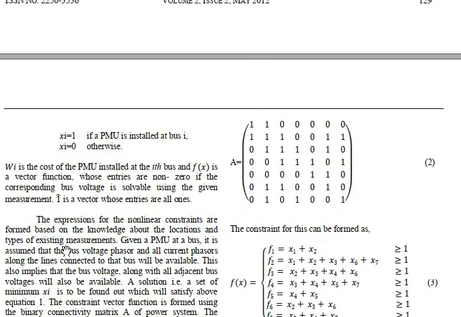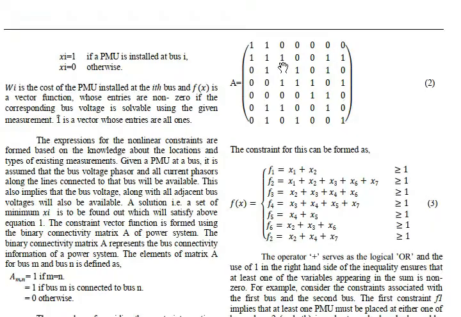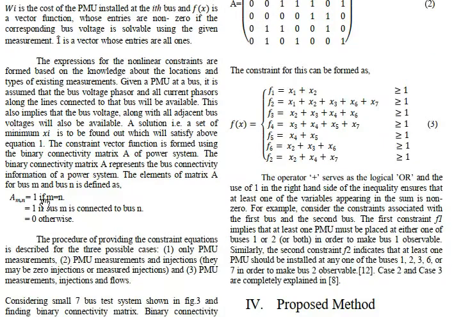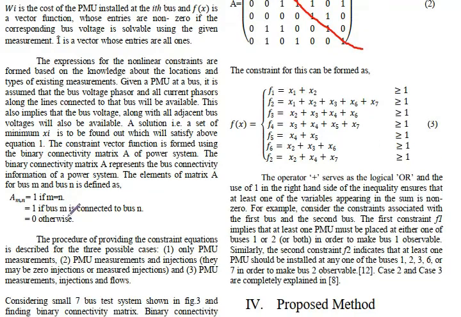We have already defined Xi. The second important thing in this algorithm will be the connectivity matrix, which is also called the incidence matrix. It is formed here. Any entry A_mn of the A matrix will be 1 if m is n, meaning the diagonal entries, these are the diagonal entries. Secondly, if bus m is connected to bus n, then it should be 1.